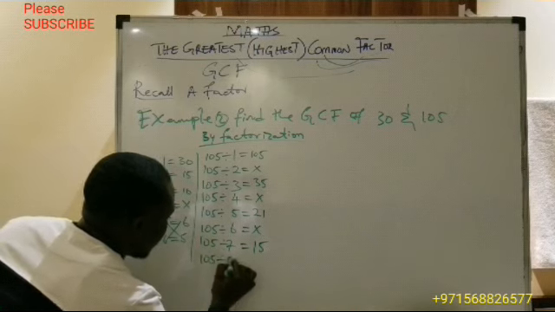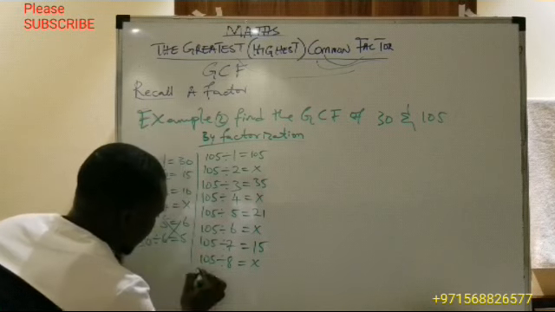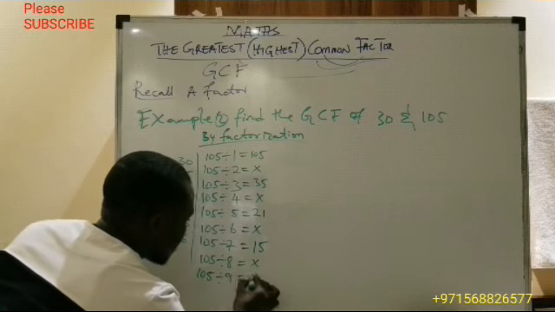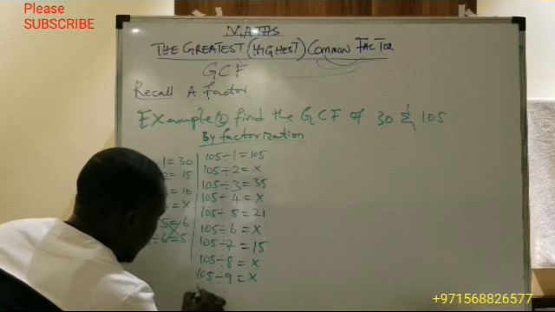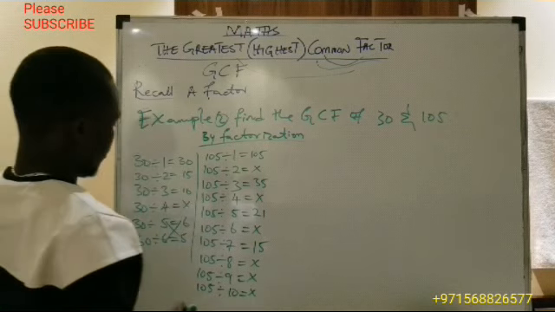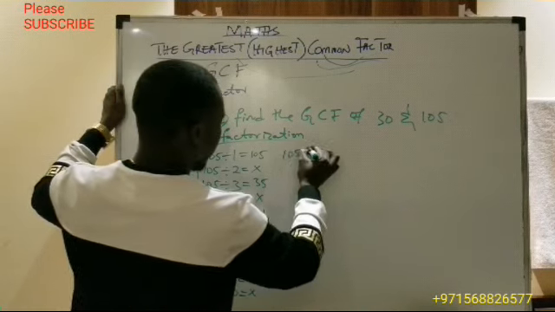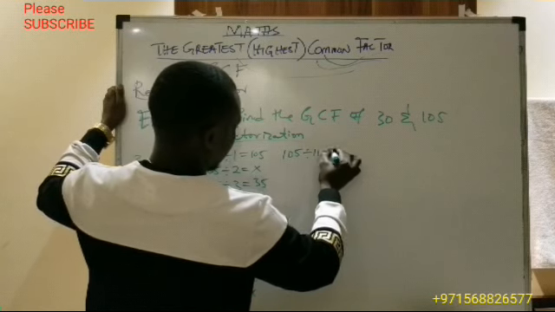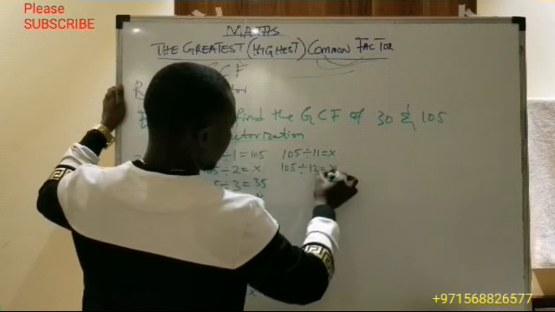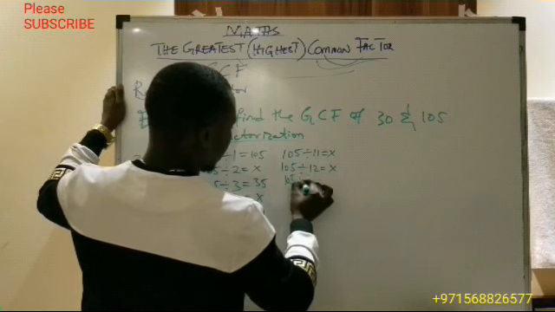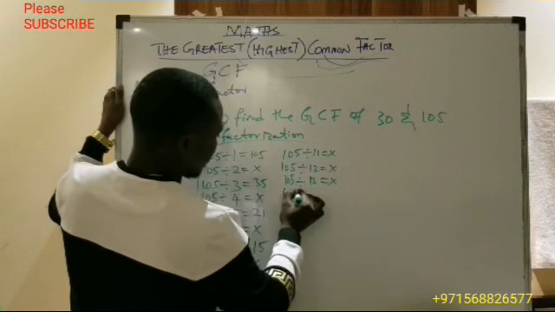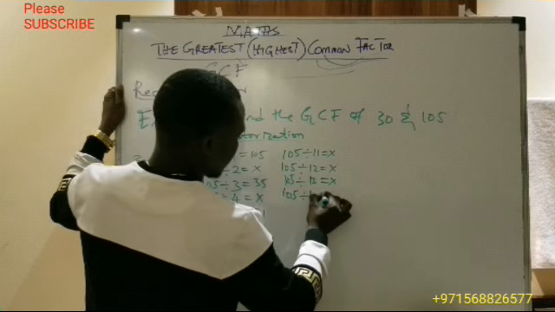105 divided by 8 cannot go. 105 divided by 9 cannot go. 105 divided by 10 cannot go. 105 divided by 11 cannot go. 105 divided by 12 cannot go. 105 divided by 13 cannot go. 105 divided by 14 cannot go.